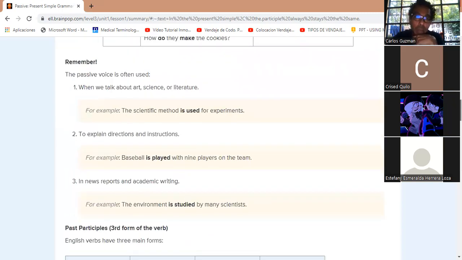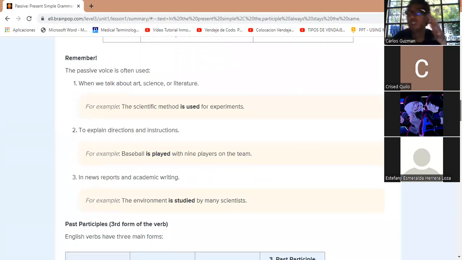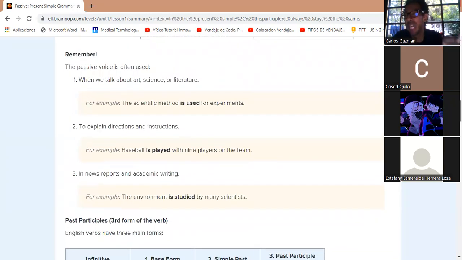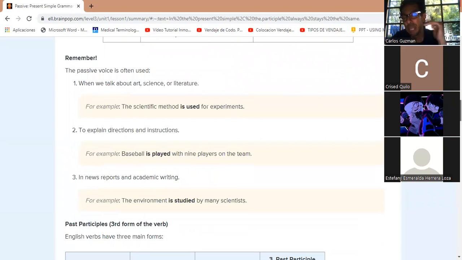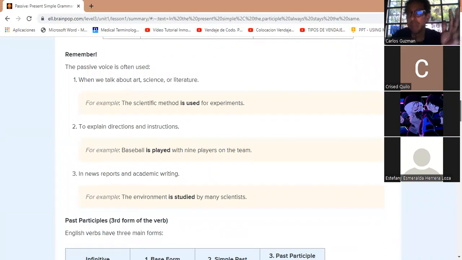So remember, the passive voice is often used. Well, these are the different uses the passive voice has. Let's pay attention a little bit. Don't pay that much attention when you write your sentences. You are probably going to use these uses automatically, I mean, you're going to apply these uses in your sentences because of the knowledge you have.